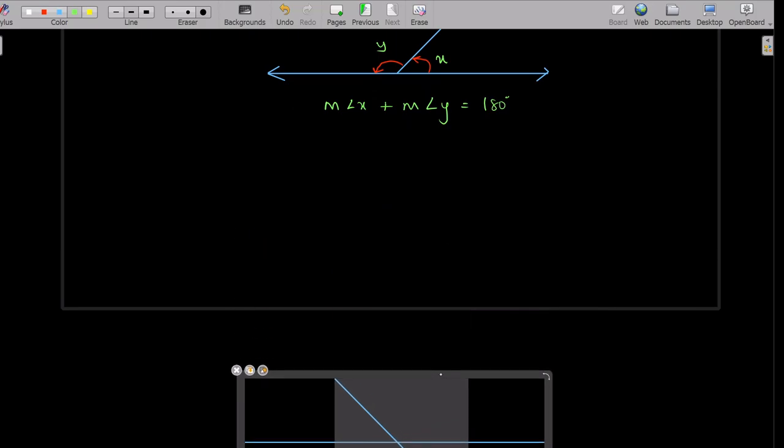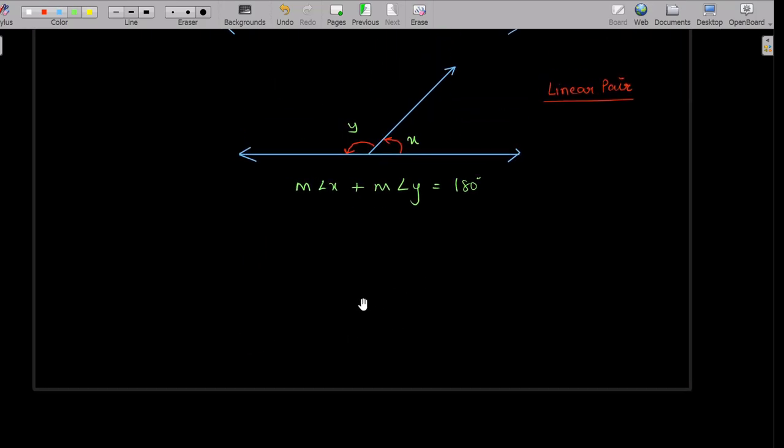Okay, now what you could also have is the same line divided into three different angles.